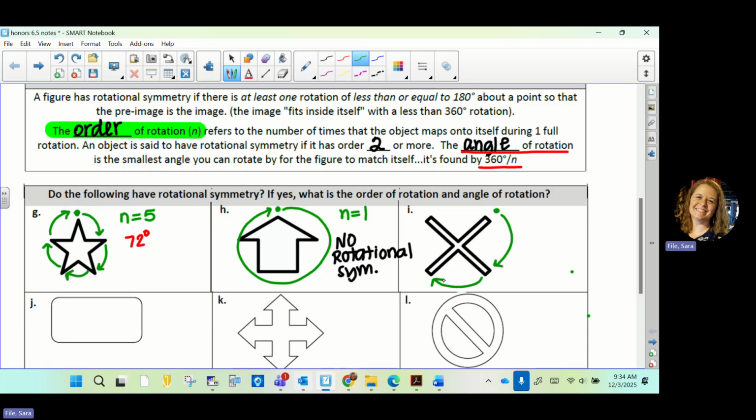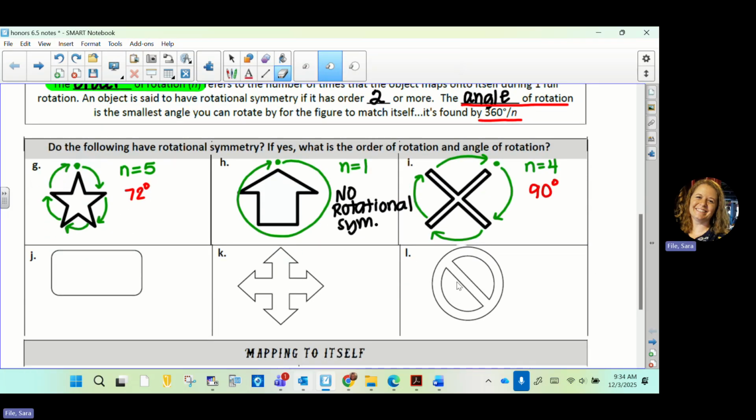And then that much again, and again, and again. So how many is that? So this has rotational symmetry of order 4. So what would my angle of rotation be? How many degrees? Yeah, it's 360 divided by 4, which is 90 degrees. Is this making sense? Yeah. All right, what about J here?